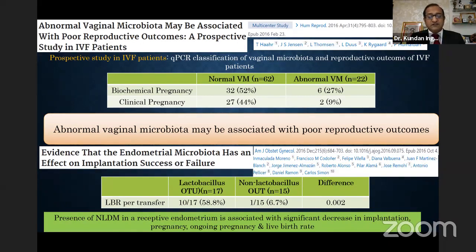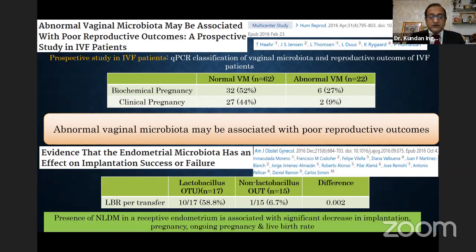So that was the evidence where we started thinking that if we supplement these patients with lactobacillus prior to commencing the treatment, probably it will help us to have a normal microbiota, which will ultimately improve the reproductive outcomes. Not only that, in another study in 2016, the live birth rate per transfer was almost 58% in patients who had a lactobacillus-dominant community, and it was significantly lower, only 6.7%, in a non-lactobacillus community.